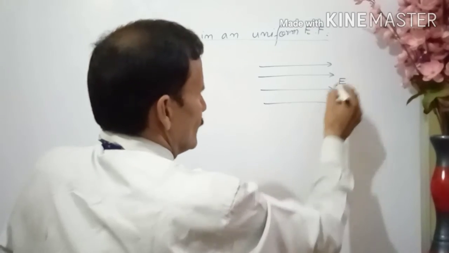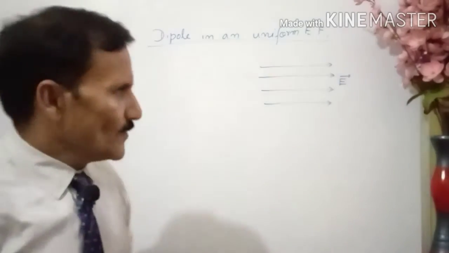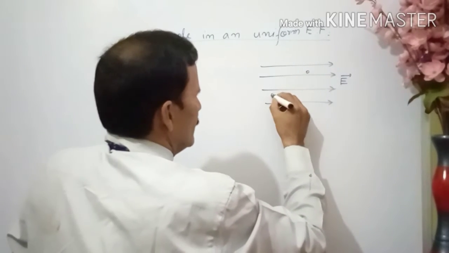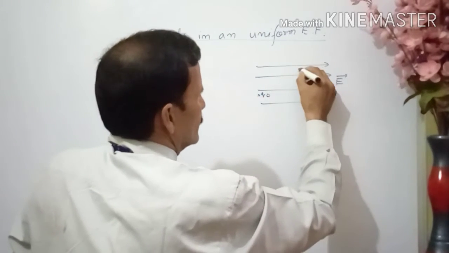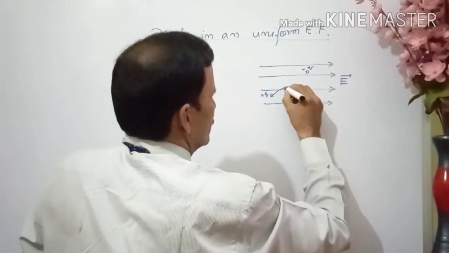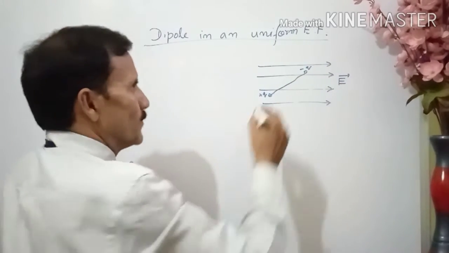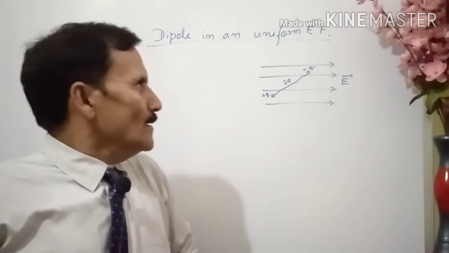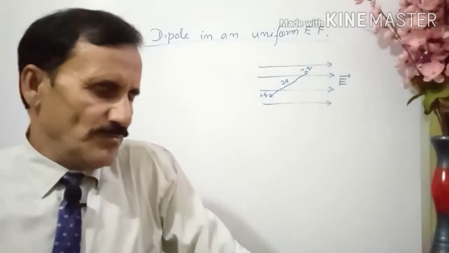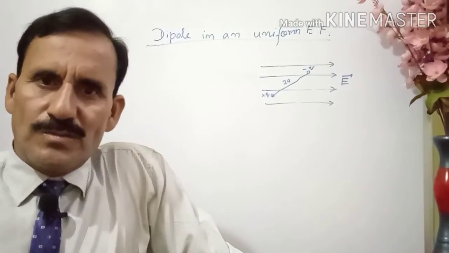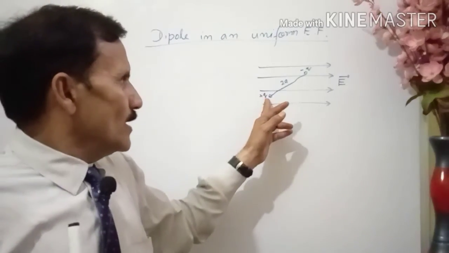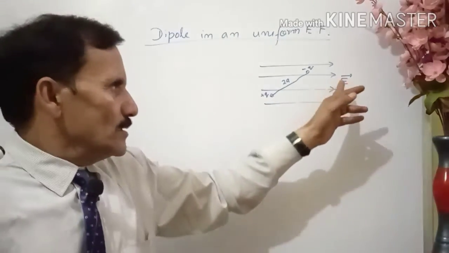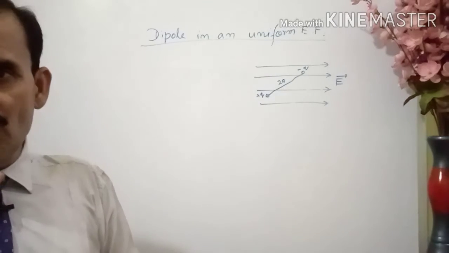This is a uniform electric field, and a dipole is put in it, with plus Q charge and minus Q charge in the electric field. Suppose the distance is 2a, as usual. Now what will happen when it is put there? Think about that. You know there are charges in the electric field E, so they will experience force.